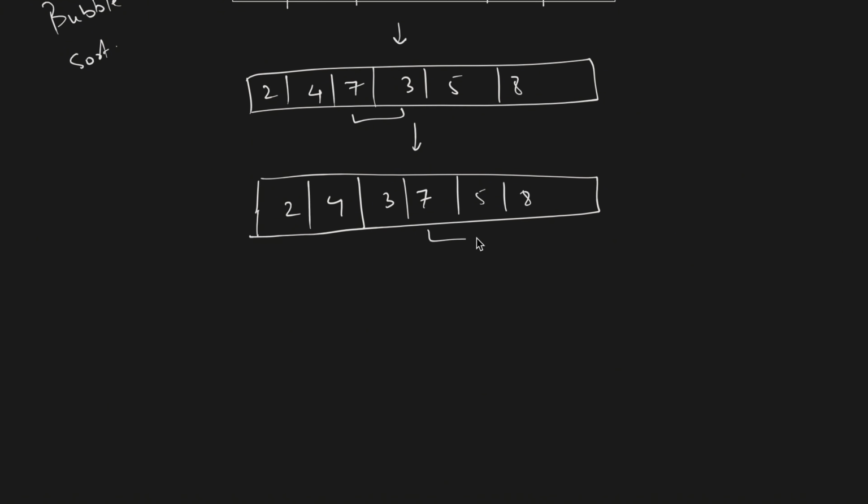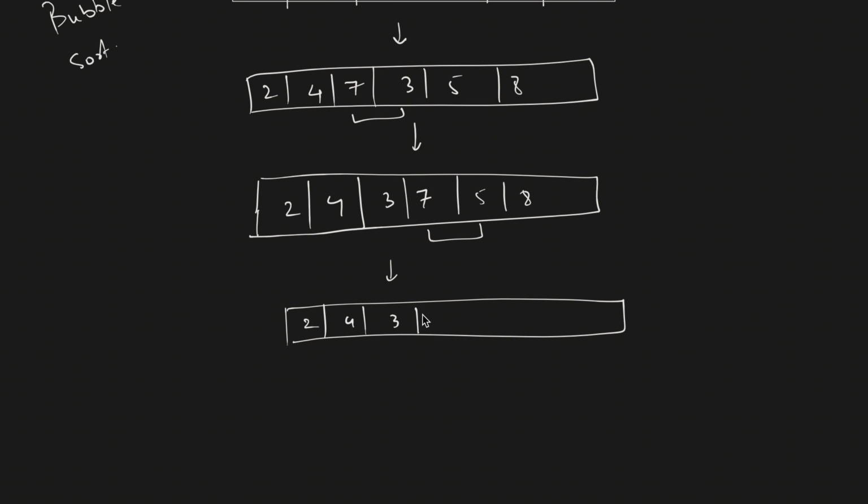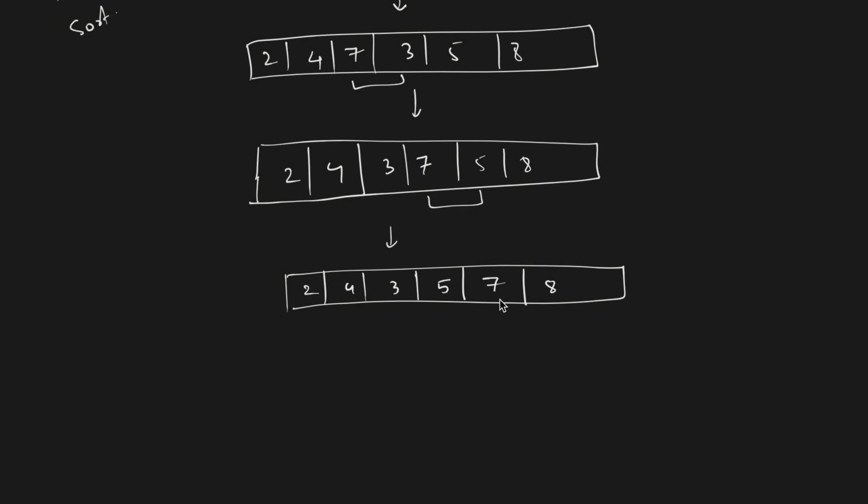Now our point of focus is 7 and 5, so 2, 4, 3 stay the same, and 5 takes the place of 7 because it is less than 7, so it gets swapped. The value of 8 remains the same, and here you can see that the value of 7 is less than 8, so nothing happens really.